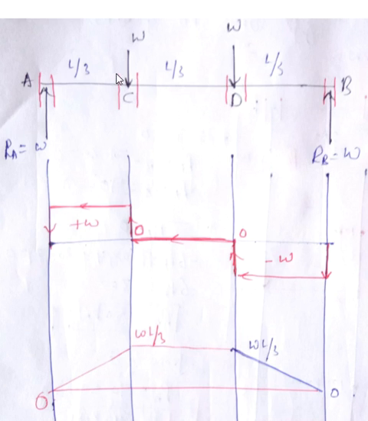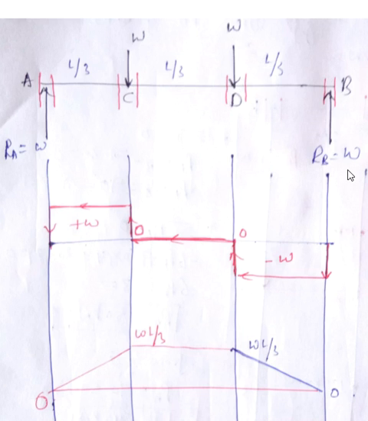With respect to this section, if I consider to the right, there are three forces, one is this W and this W. Coming from the right, there is a W force and the perpendicular distance is L by 3 plus L by 3, which becomes 2L by 3. It is bending the beam upward, so it is plus W into 2L by 3. Then there is one more force, but this force will bend the beam with respect to this section in downward direction, so it is minus.